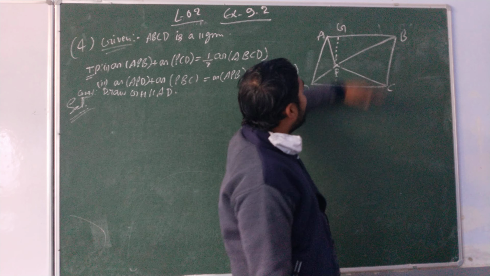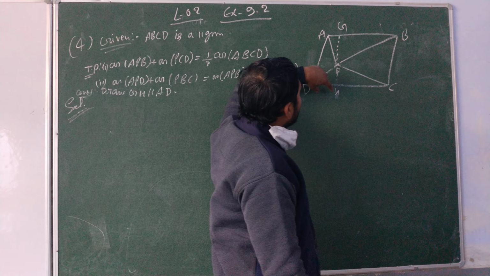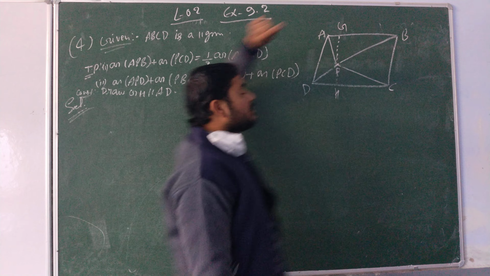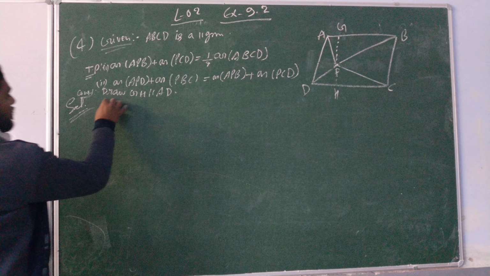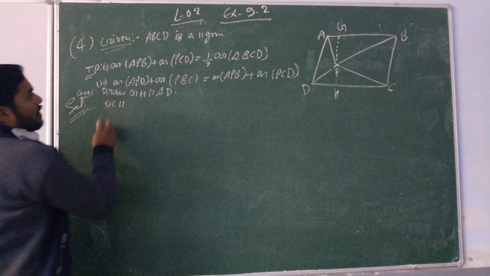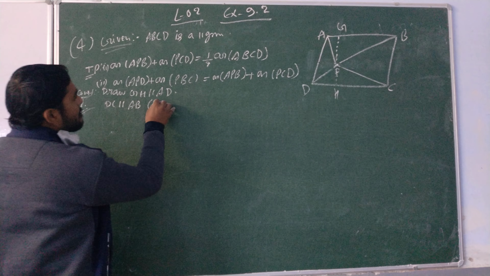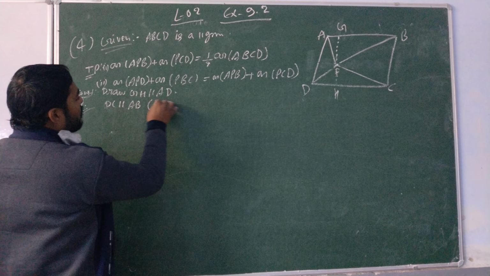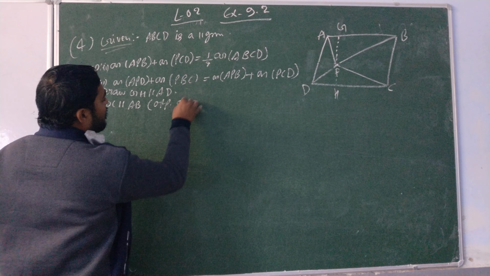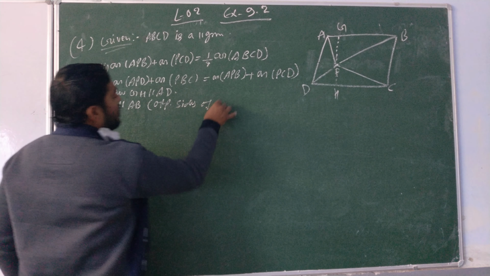Now solution. If CD is parallel to AB, then DH will also be parallel to AG, as opposite sides of a parallelogram.